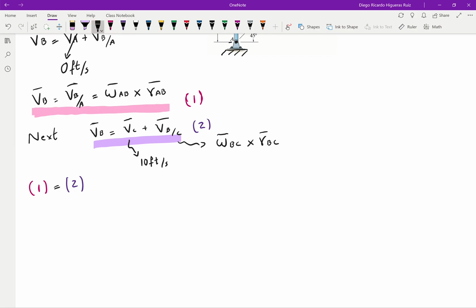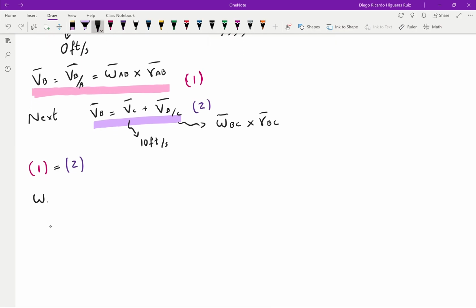So we're going to have omega AB cross product RB equal, and here we're going to have VC plus omega BC cross product RBC.